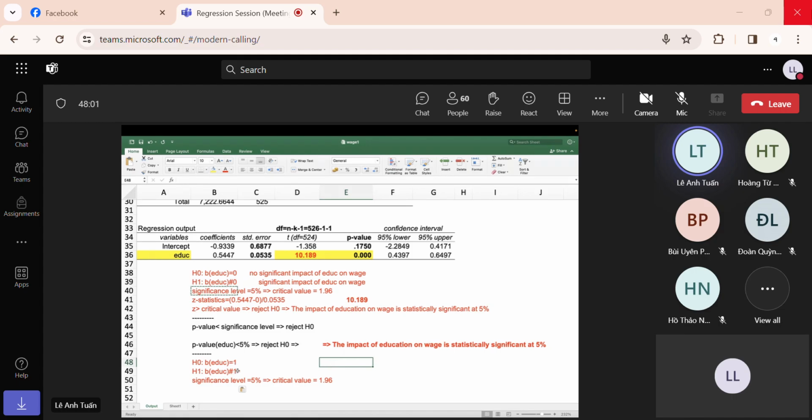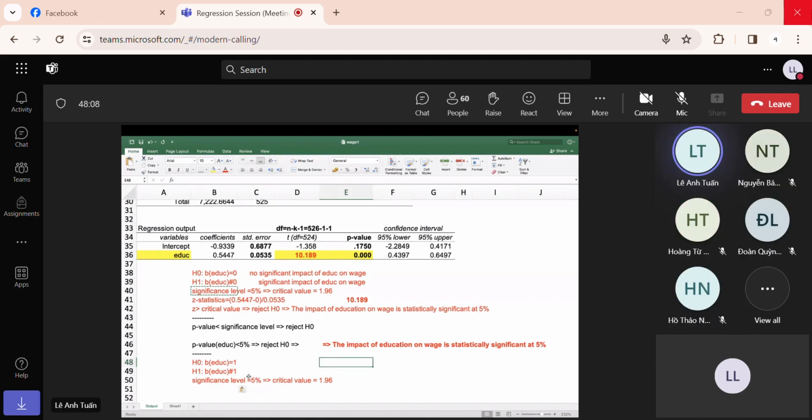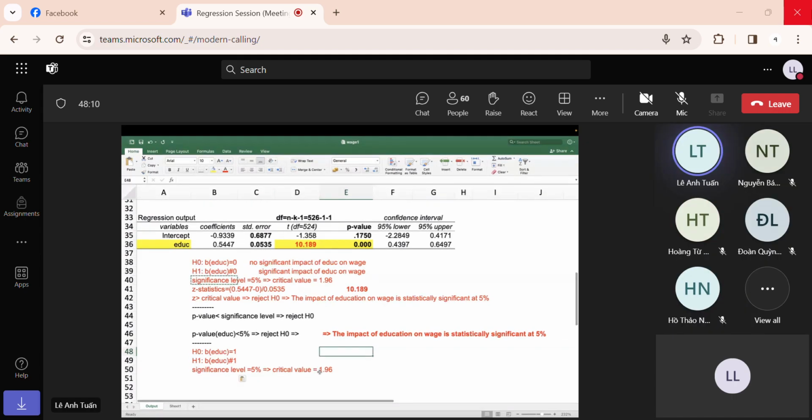And here is a two-sided test at the 5% significance level. The critical value is still 1.96. And then we have the z statistic here.